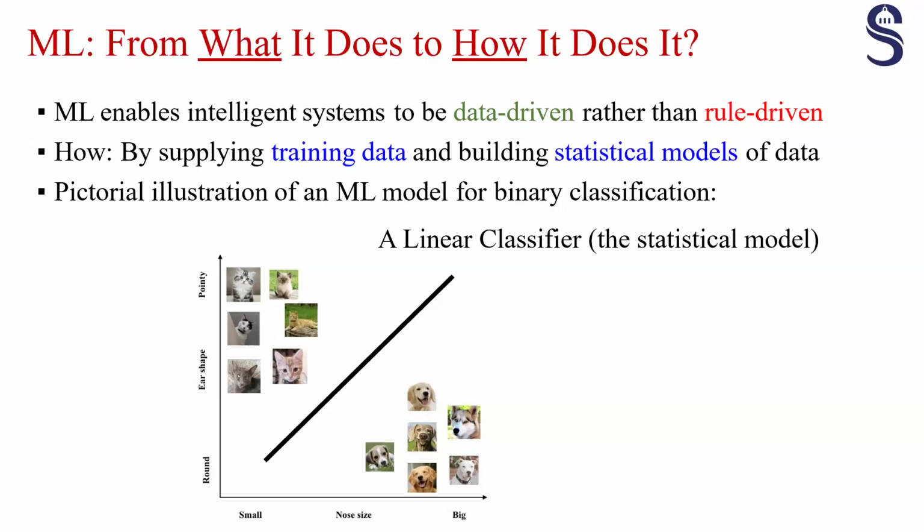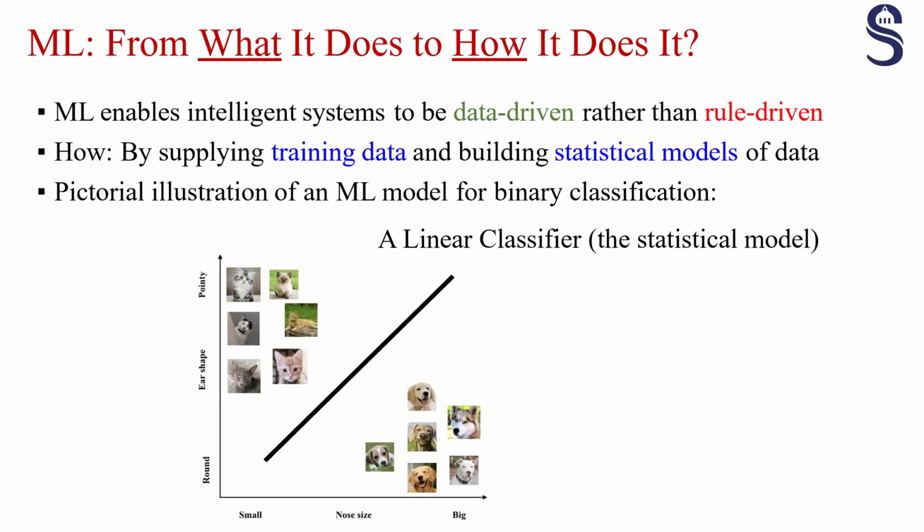Because the cameras are capturing your speed, and based on the speed they segregate into two parts. As you can see here on the screen, the linear classifier, one side is above a certain speed and one is below it. The moment you cross this speed, the challan is automatically created and sent to your mobile number. So these are the machine learning algorithms which we are seeing across our day-to-day life.